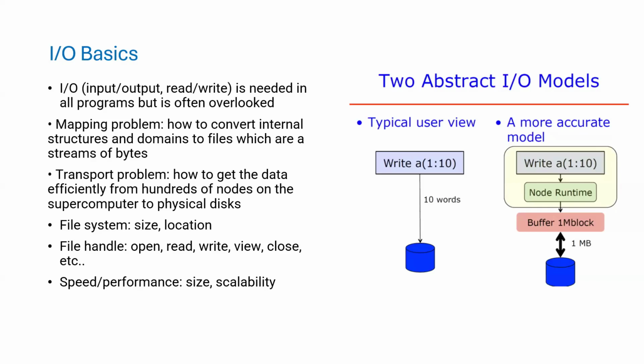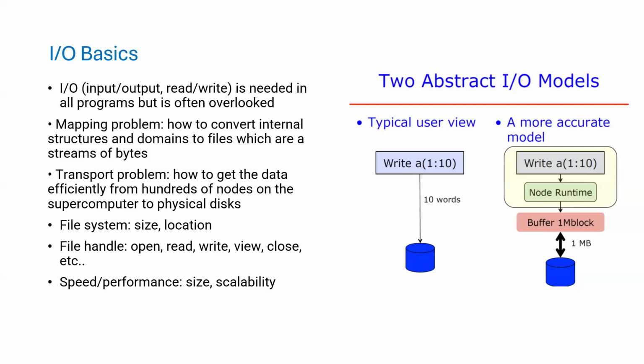However, from the system point of view, we issue the write command, and it depends on the system infrastructure. It will generate a buffer, set a buffer size, put the data in the buffer memory, and then write to the disk. There are some things on the way, and we don't care about them.